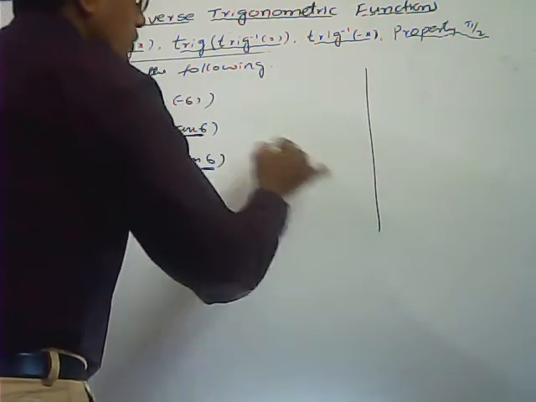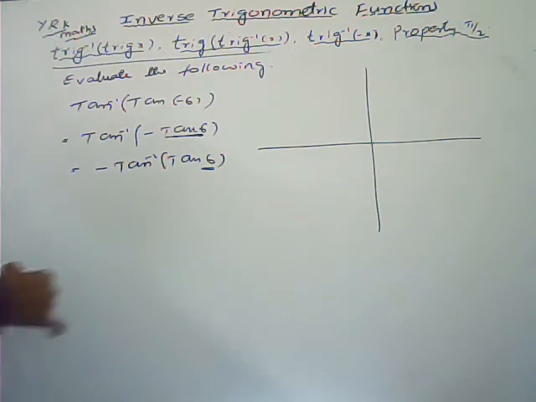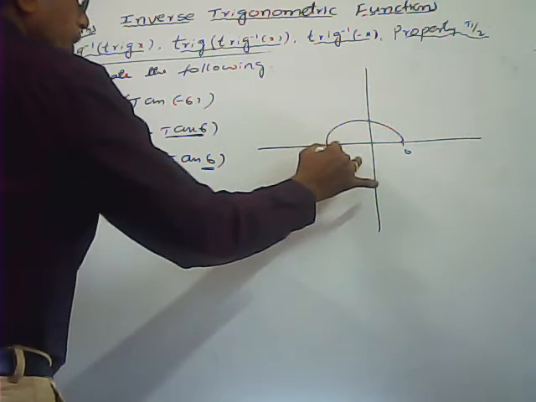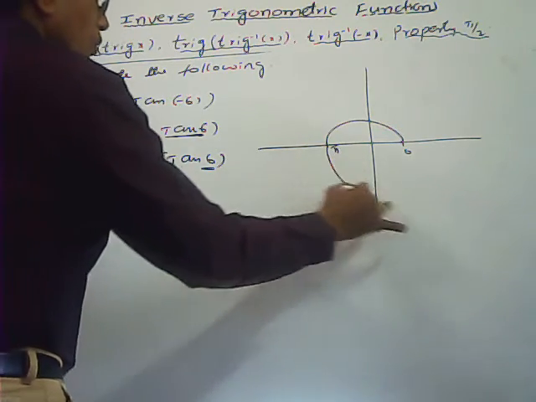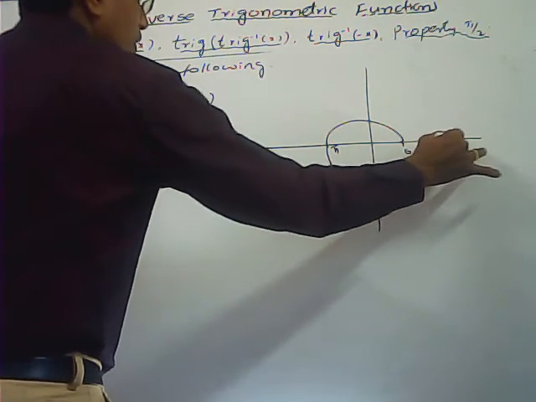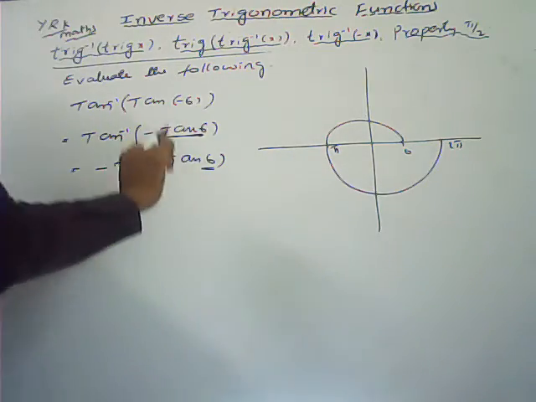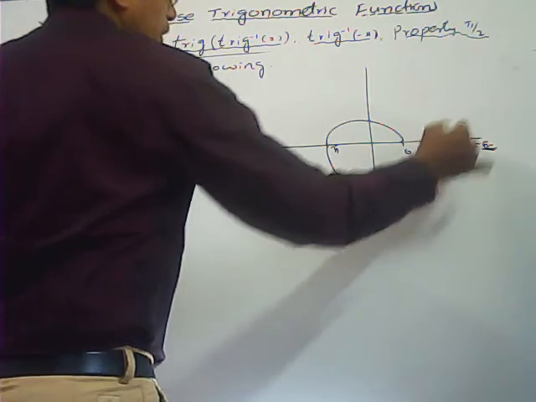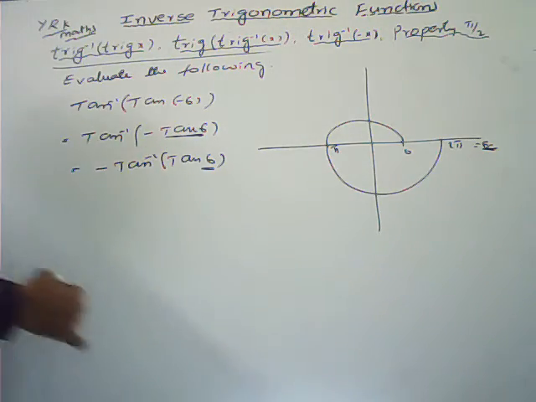Here also first we have to find out where is the 6 radians. Starts from 0, this is pi value 3.14, 2 pi, that is 6 point something we are getting. But here only 6 radians is there.